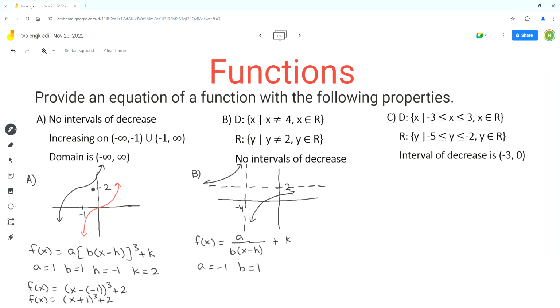H is for horizontal translation. In this case, there is a horizontal translation 4 units to the left. So H is equal to -4 and K is equal to +2 because the horizontal asymptote has been moved 2 units up. Now we can sub in the values.